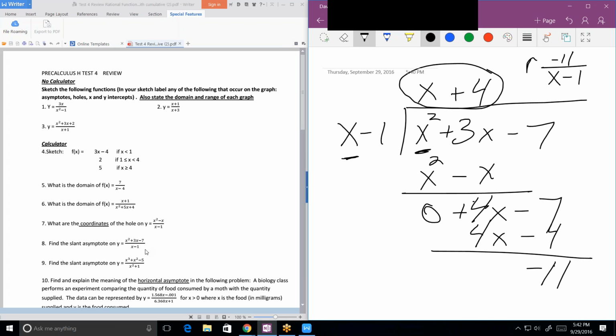The question is, where's the slant asymptote? Well, after you do the division, take your linear term, and that is the slant asymptote, regardless of what the remainder is. You could actually throw that away in terms of graphing it. I don't need it. I already know I have a vertical asymptote at x equals 1, and I have a slant asymptote that is the line y equals x plus 4.